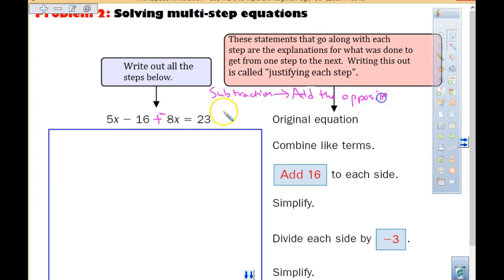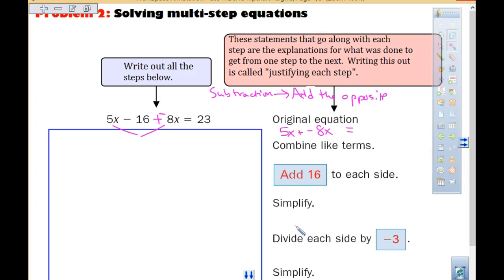Could we also change this from minus 16 to plus a negative? Yeah, now that one might not be as important. We're going to rearrange these, so we are actually looking at adding the 5x and the negative 8x. If I add those two together, 5x plus negative 8x, is it 13x, negative 13x, 3x, negative 3x?